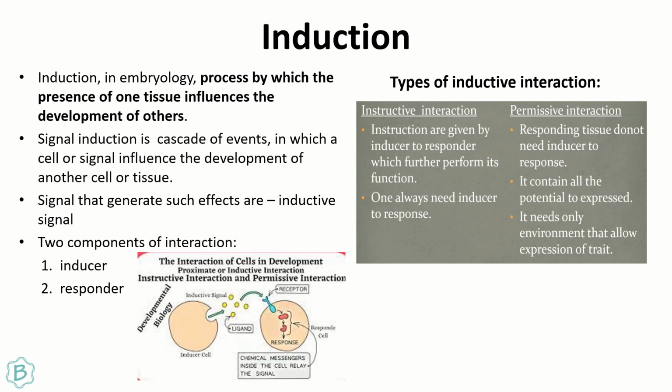That is instructive; there should be instructions. Permissive means the area surrounding that particular cell, the environment present outside the cell. It needs only the environment to allow the expression of the trait. It does not need an inductive signal. It contains all the potential. It doesn't need any signal, but it needs a particular environment to allow the expression of that trait.